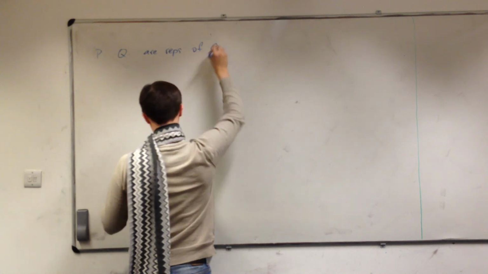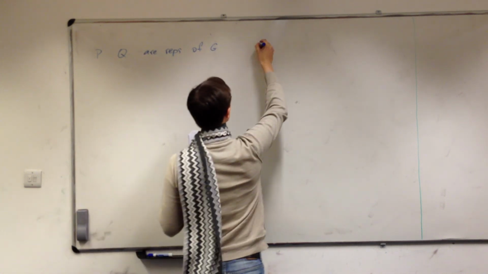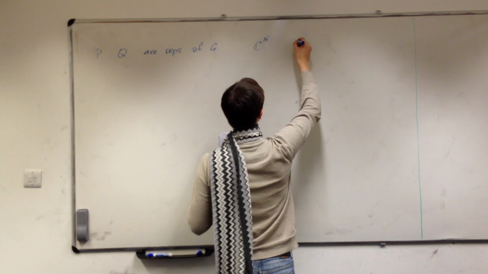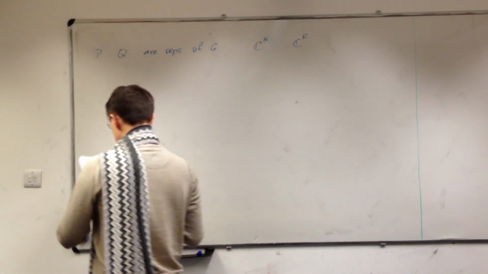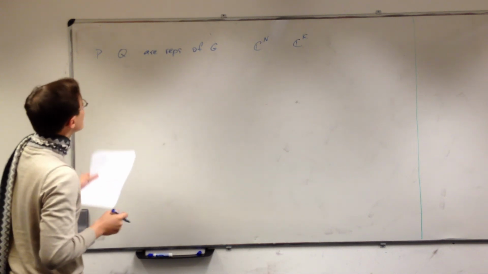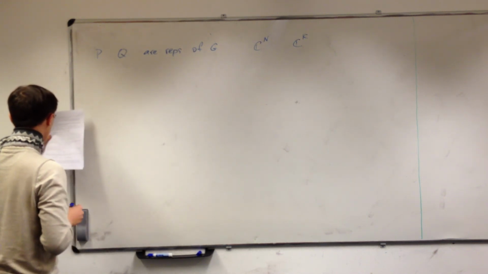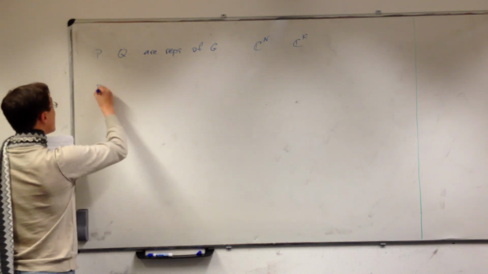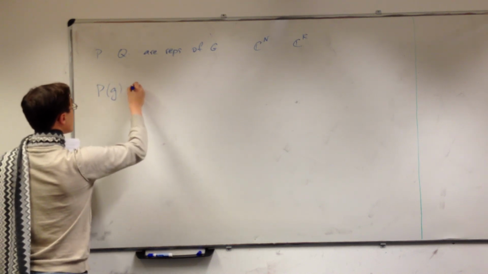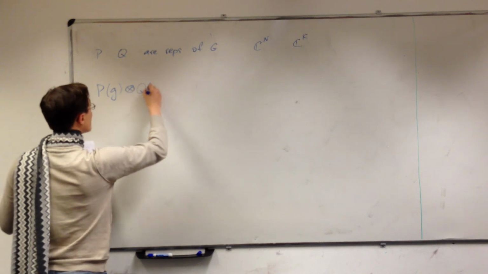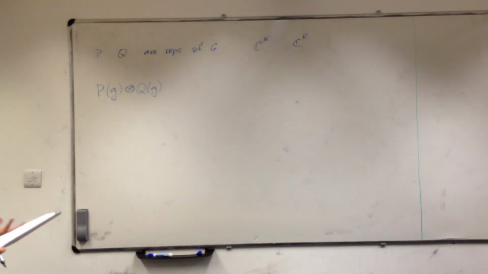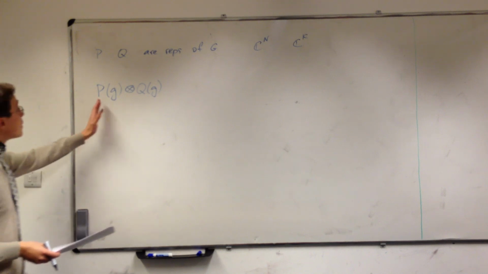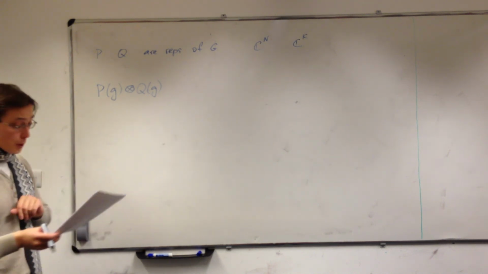Right, so if P and Q are representations of a group G on a space Cn and a space Ck respectively, then a direct product of these representations is a set of all such matrices of the form P(G) Kronecker product Q(G). And we can easily check that this is in fact a representation by verifying the representation condition that this operation preserves the group properties.